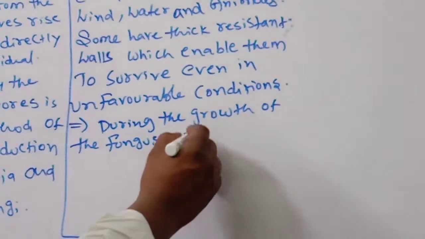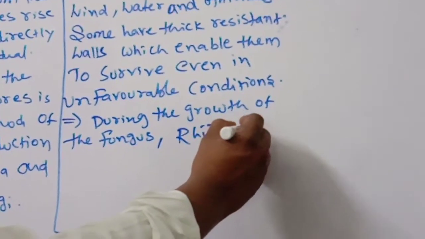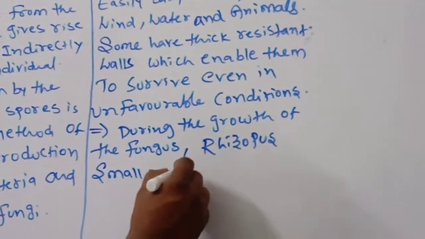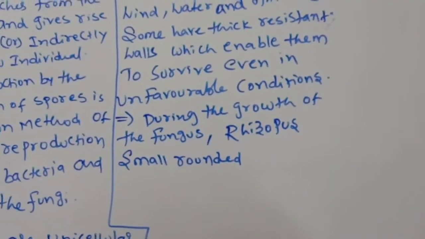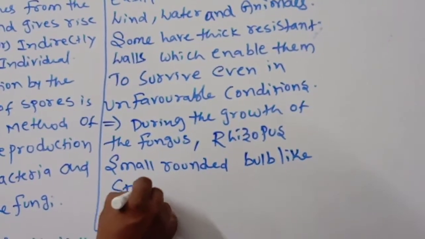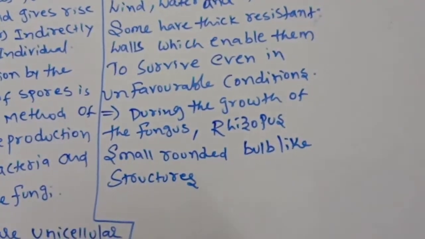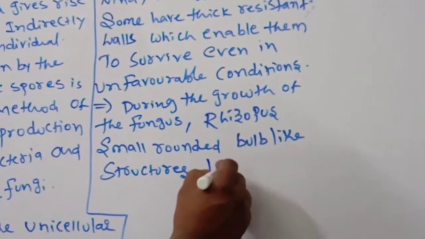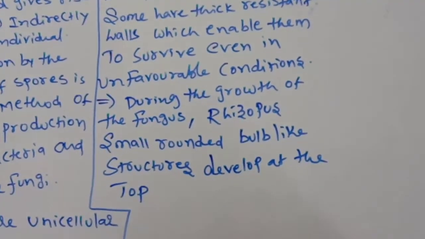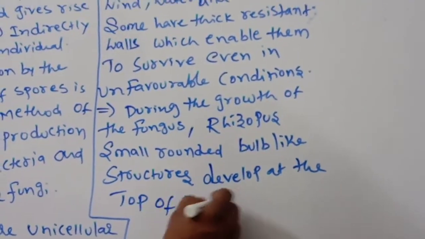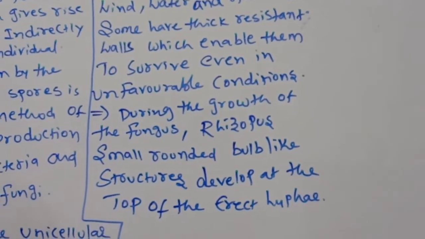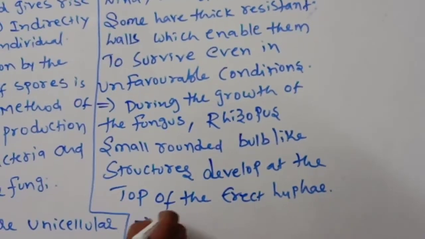In the Rhizopus fungus, small rounded bulb-like structures develop at the top of the erect hyphae.